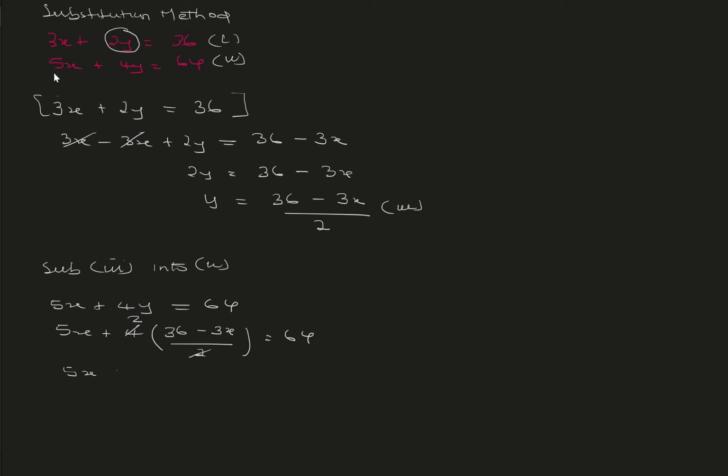So if you've noticed, what I like to do is when I change just one aspect of the equation, I rewrite the whole equation. And that's because I want to do singular steps per equation. So here I have 72 minus 6x is equal to 64.